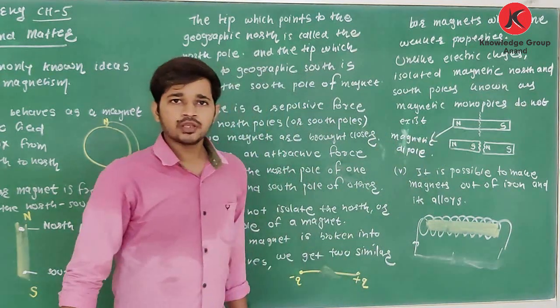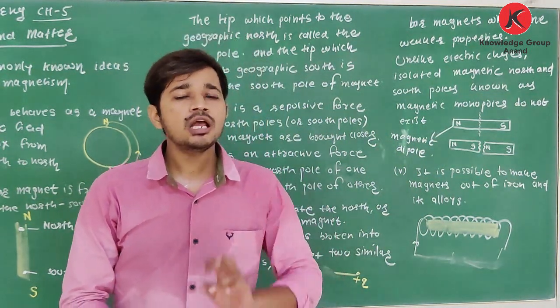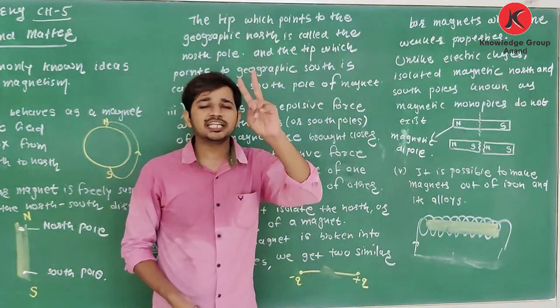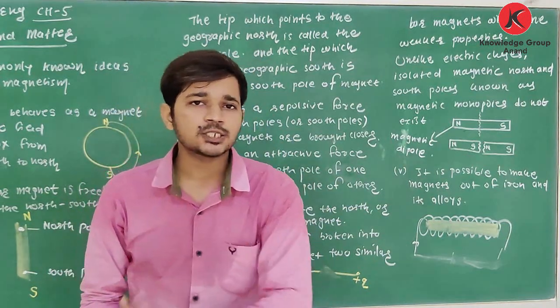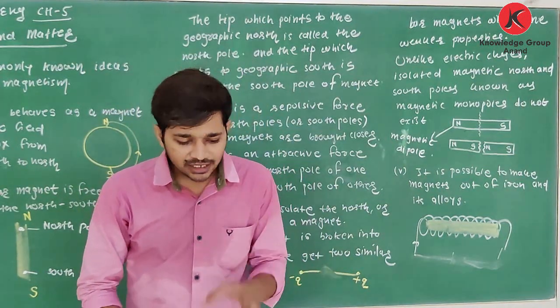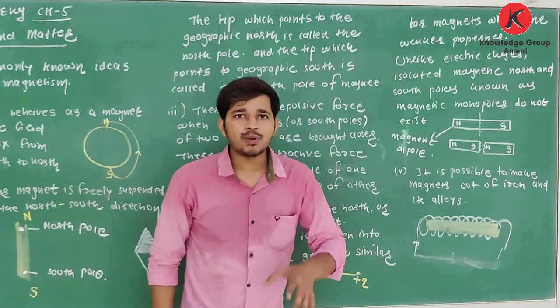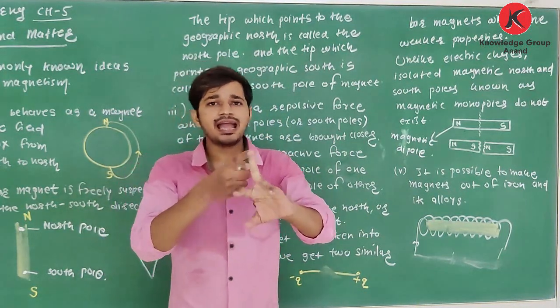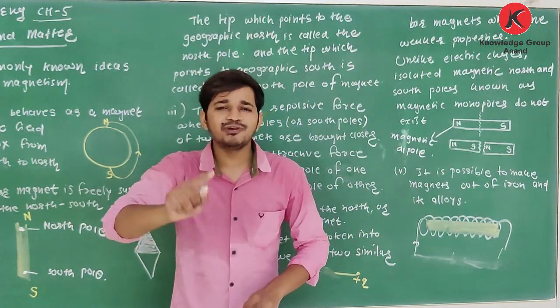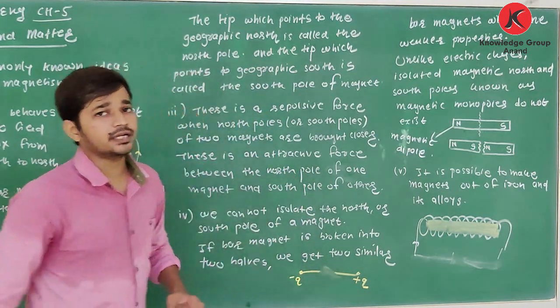Because it has two magnetic poles, I can say it is a magnetic dipole. So now in this chapter we will discuss the bar magnet and solenoid. First of all, we will study the bar magnet.